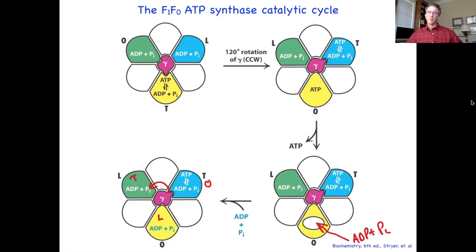But this model also made a very specific physical prediction: that the F1 F0 was a rotary motor, that the gamma stalk actually rotated by virtue of this reaction. Nobody had shown that. That was a missing piece in the demonstration. People logically assumed something like this had to be going on, but nobody had shown it.